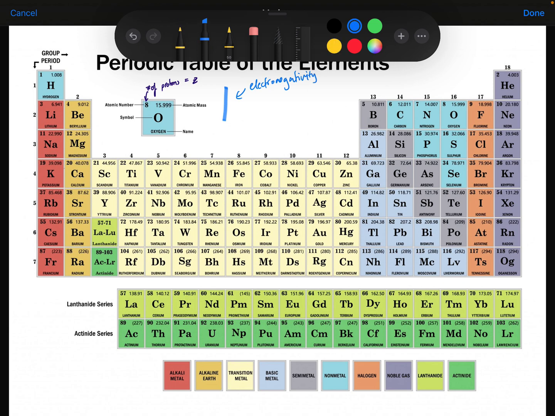Yellow is going to be my ionization energy. Red is going to be my atomic radius, just the trend lines overall. And green could be my electron affinity.